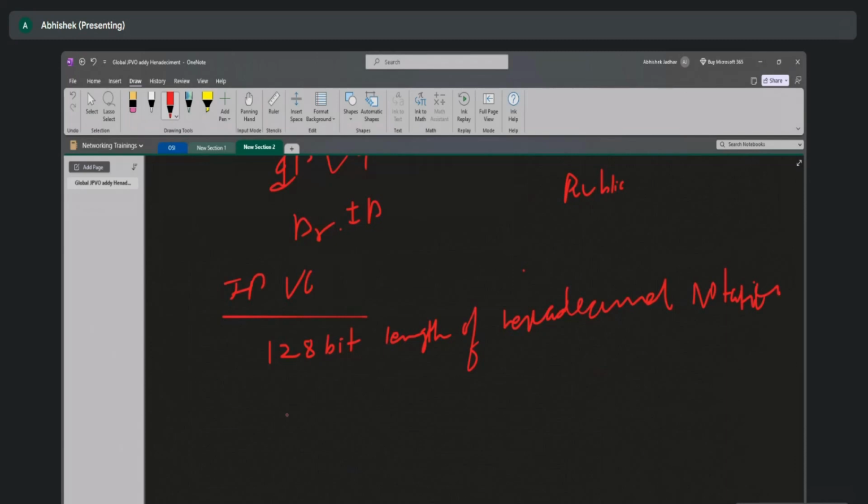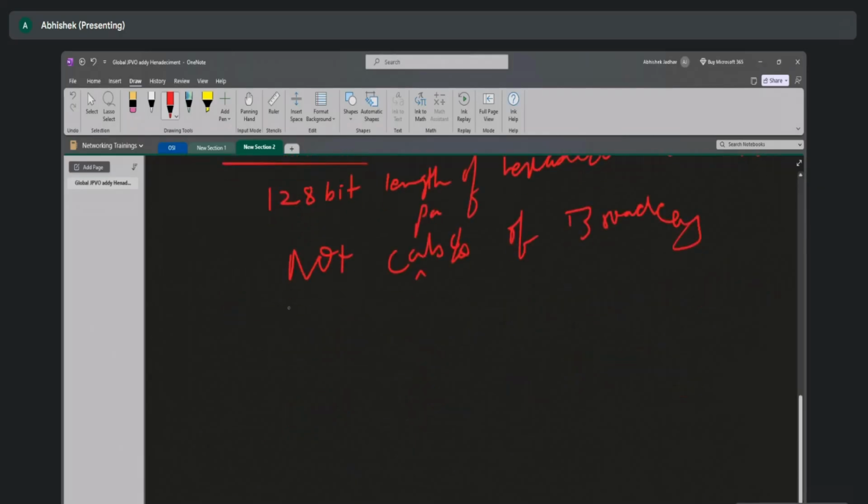And it is not capable of what? Broadcasting. But it introduces us to the concept of anycast.